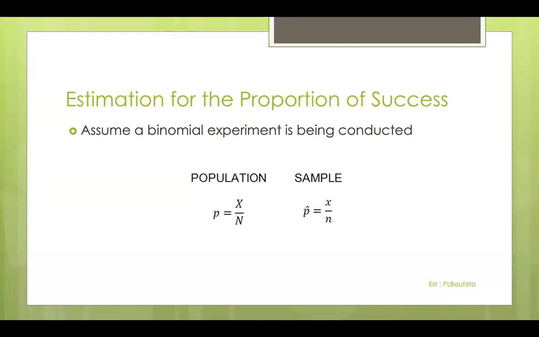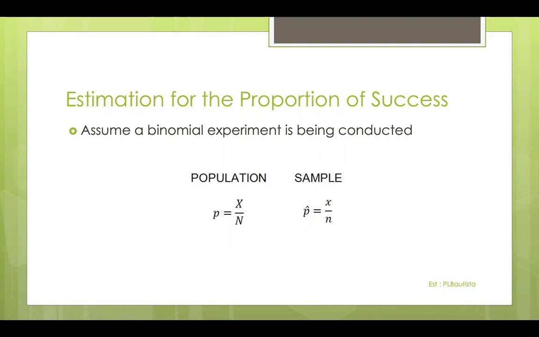Capital X here would refer to the number of successes in the population. So the proportion capital X over capital N is the population proportion of success, denoted by the small letter P.